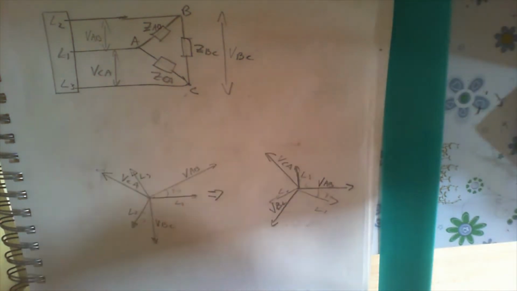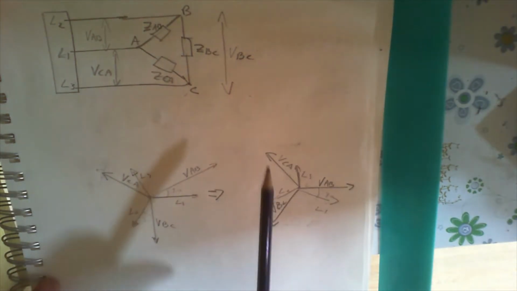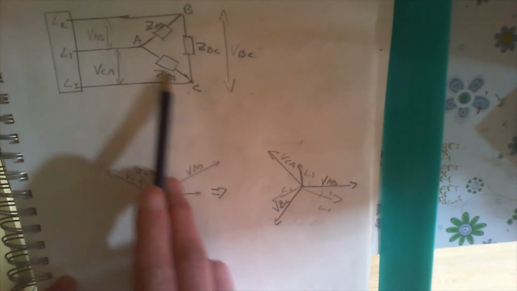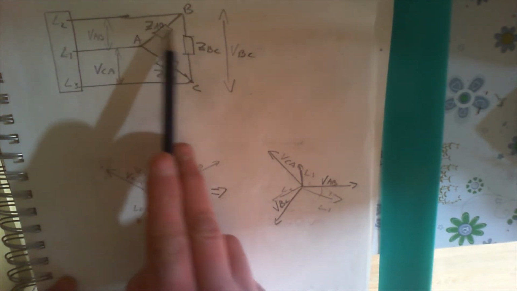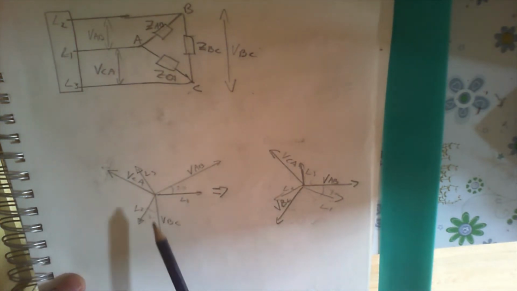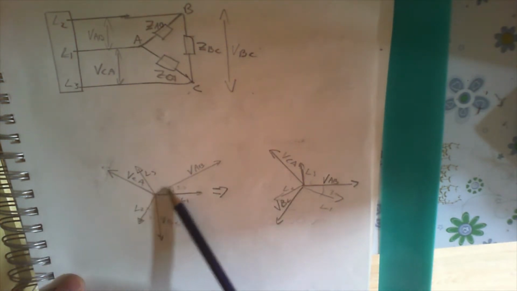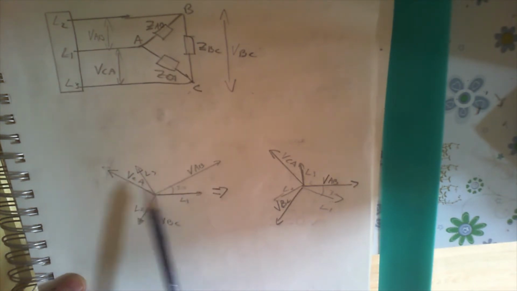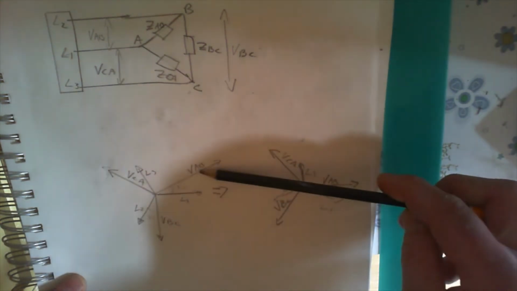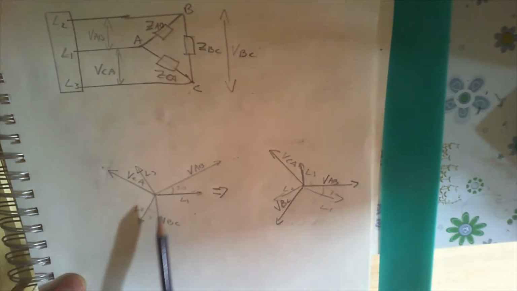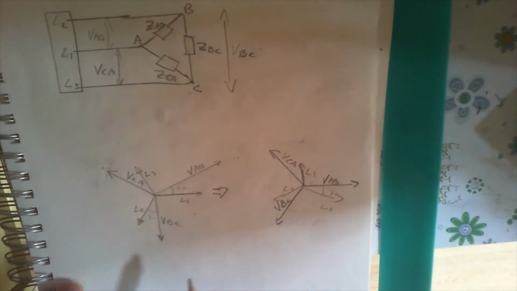Just a quick look at that again, written down here. VAB, VBC and VCA with associated impedances. You get your line to line. You find that the line to line current has a 30-degree offset from your initial line 1, 2 and 3 here.